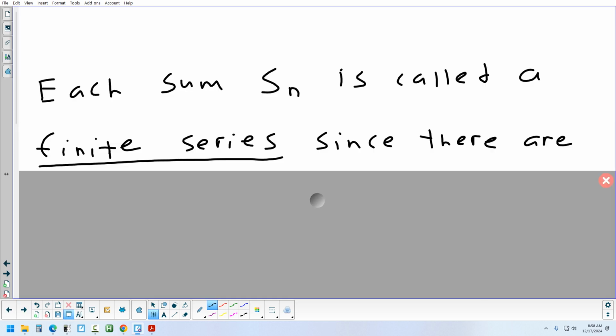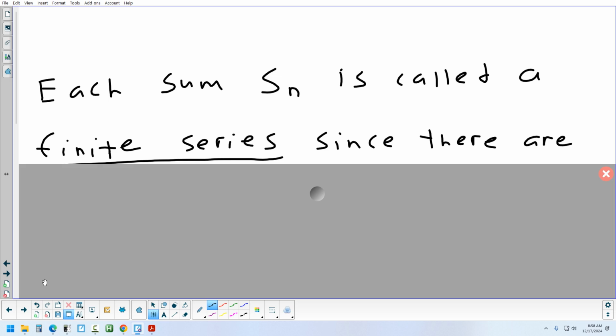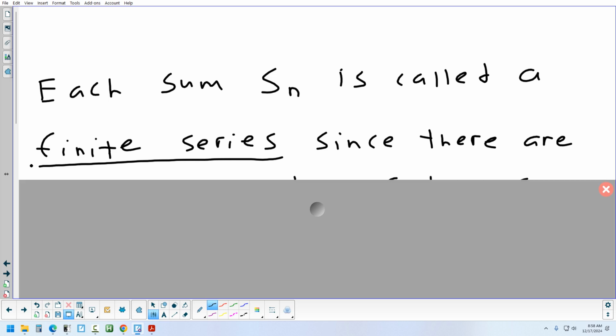So each one of those things that we found on the other page, S1, S2, S3, that is called a finite series. Anytime you see the word series, if the word series confuses you, you can basically think of the word series as the word sum. Okay, so each one of those things we just found was a finite sum.